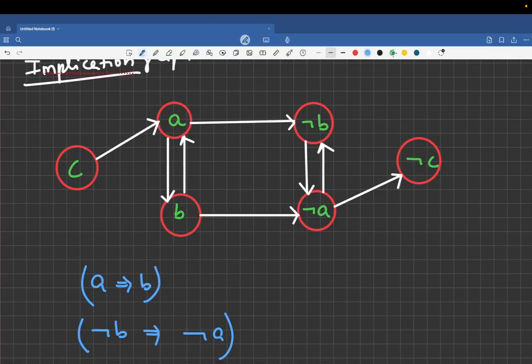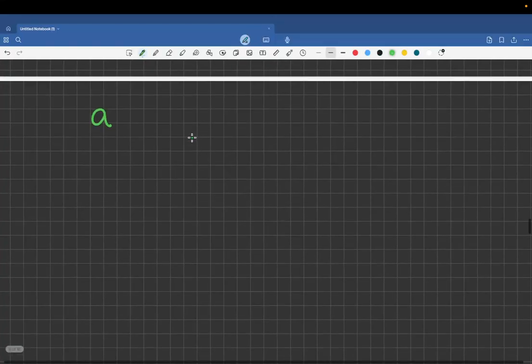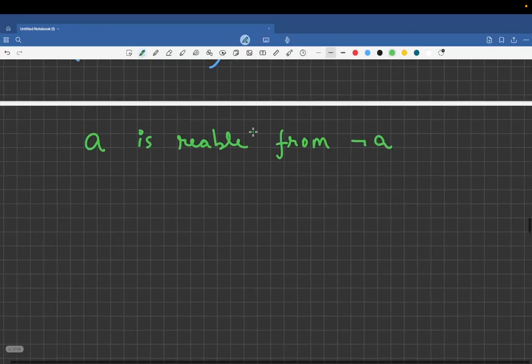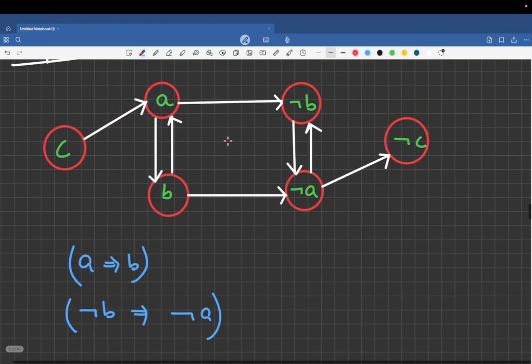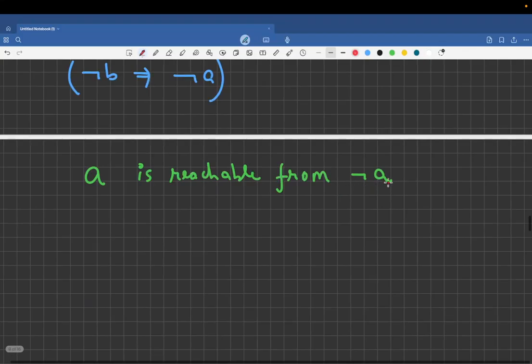If you have some variable, let me take an example of variable A. If I say that A is reachable from not A, what does this mean? This means in the graph, you have some set of edges such that if you start from not A, you will end up at A.